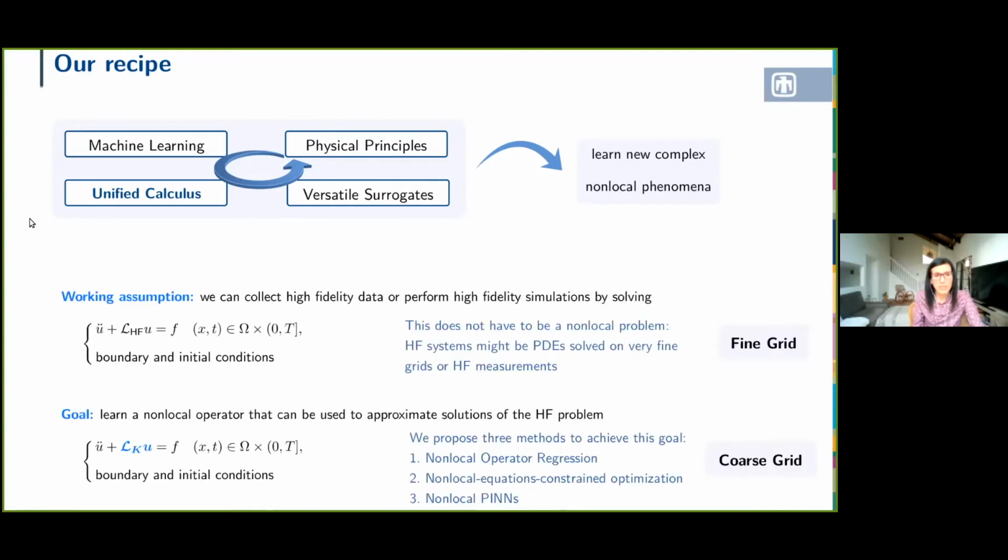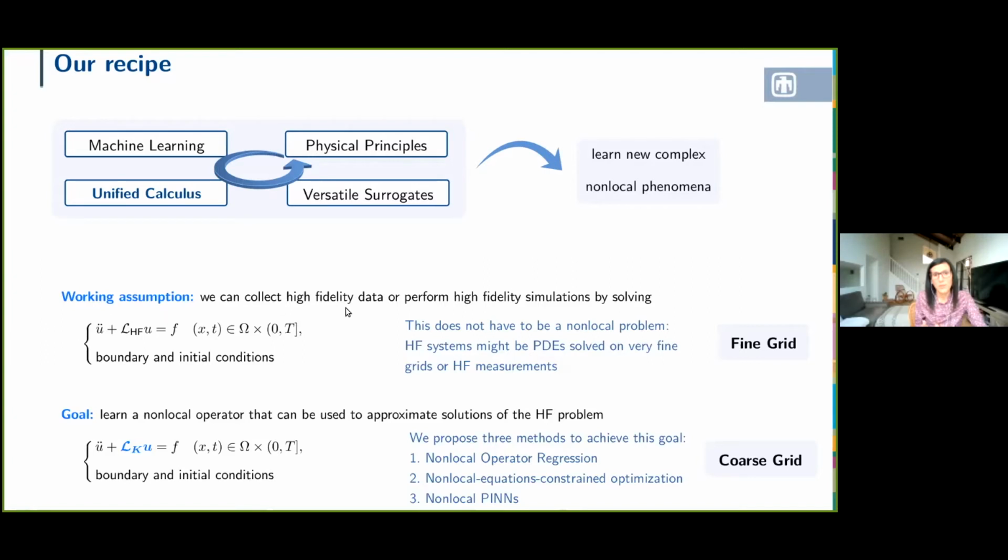Our working assumption will be that we have some high fidelity data, or that we can generate high fidelity simulations. So we have a physical system described by this high fidelity model, which is here. And what we claim is that we can use a non-local model to describe this high fidelity system.